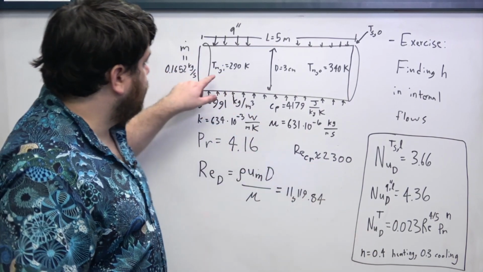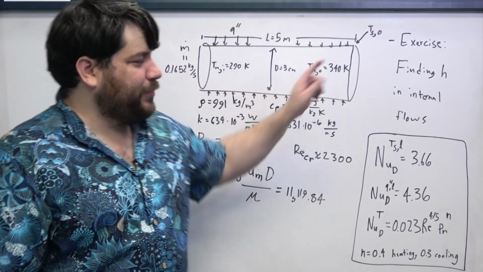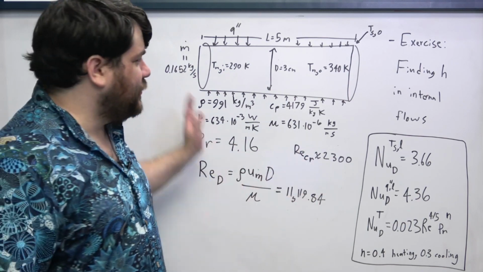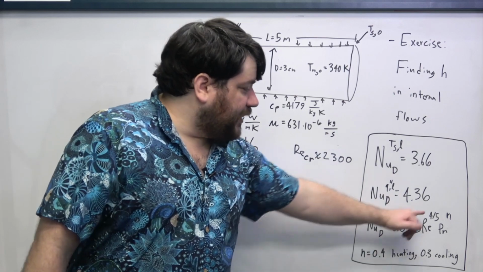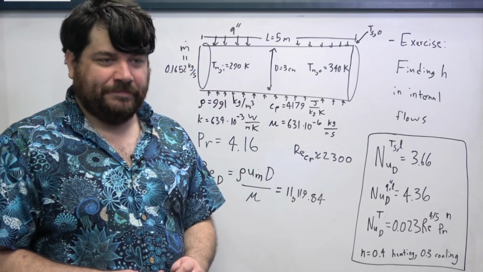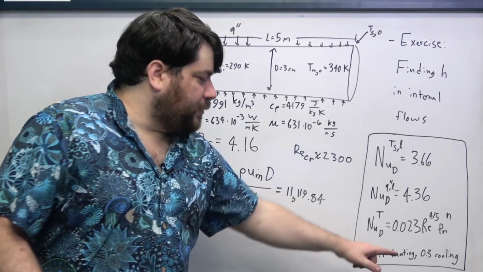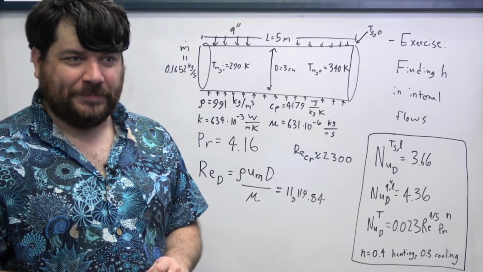If the liquid goes from a lower temperature to a higher temperature, if that is the sort of process occurring in this pipe system, then we use an exponent of 0.4. If it turns out that the liquid is cooling down, then we use an exponent of 0.3.